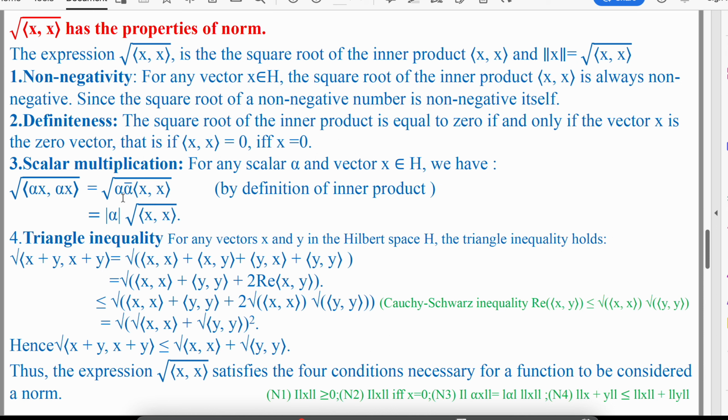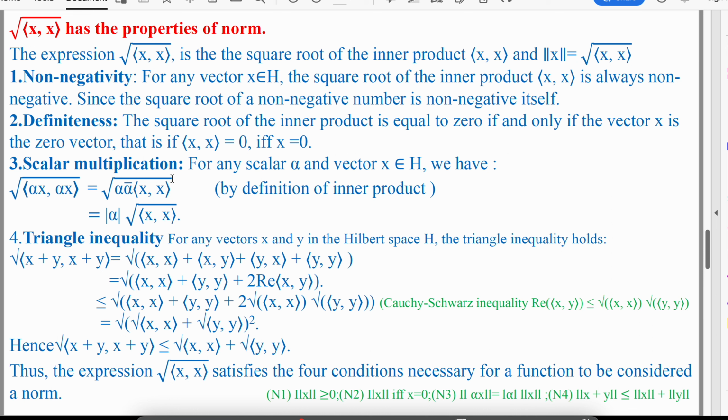So when it comes outside of the square root, it will be mod alpha. So the square root of the inner product of alpha x with alpha x is the modulus of alpha times the square root of the inner product of x with x. So scalar multiplication is also satisfied.